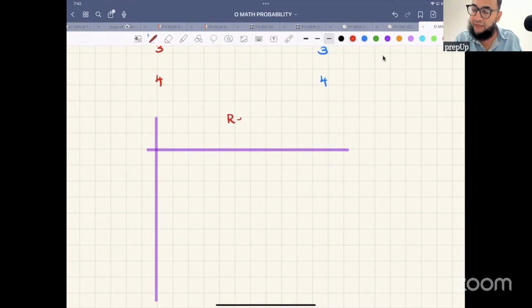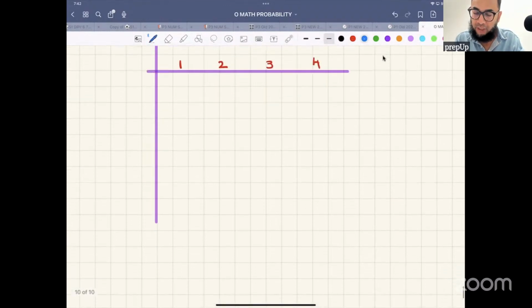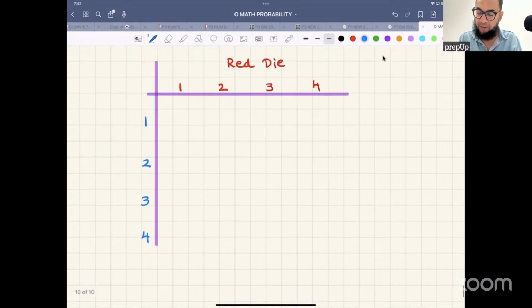It doesn't make a difference. This is the red die. This is 1, this is 2, this is 3, this is 4. And similarly, I'm writing the blue die over here. So that is 1, that is 2, that is 3, and that is 4. So now let me just push this down. Okay. And there are different options over here. And let me write a plus sign over here because I'm adding that up.